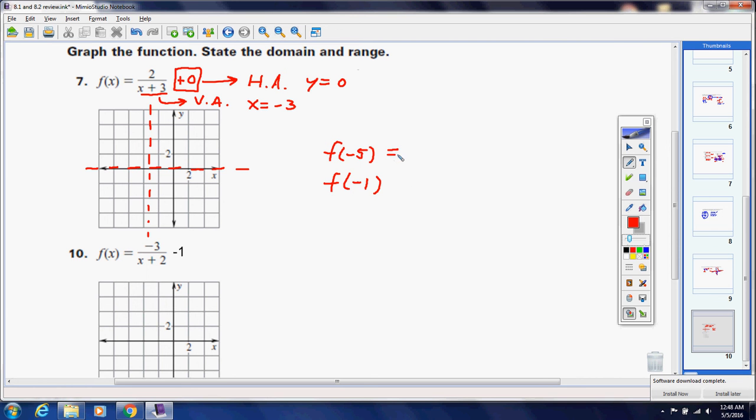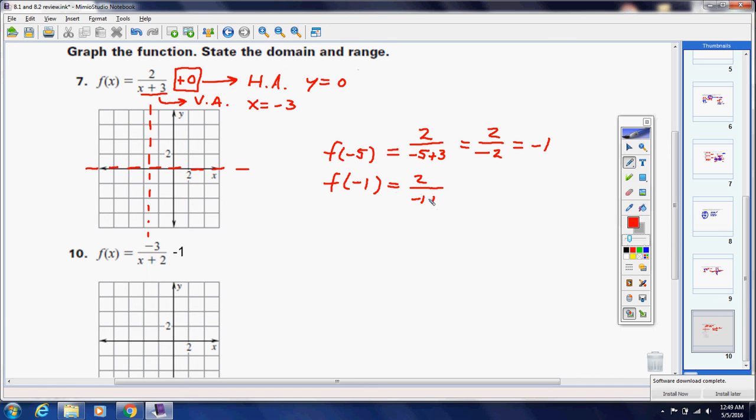So f of negative 5 equals 2 over, plug in negative 5 for x, negative 5 plus 3, which equals 2 over, negative 5 plus 3 is negative 2. This equals negative 1. For f of negative 1, we're going to plug in negative 1 for x.